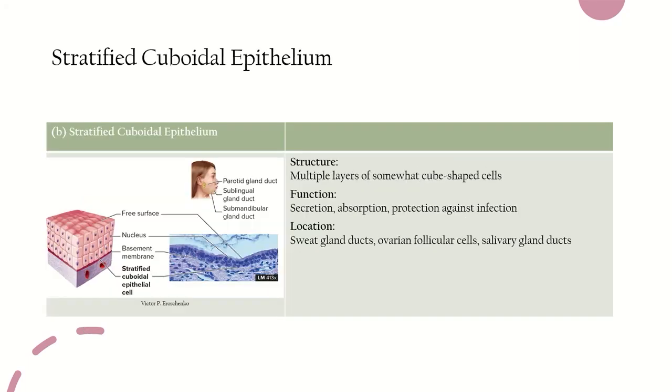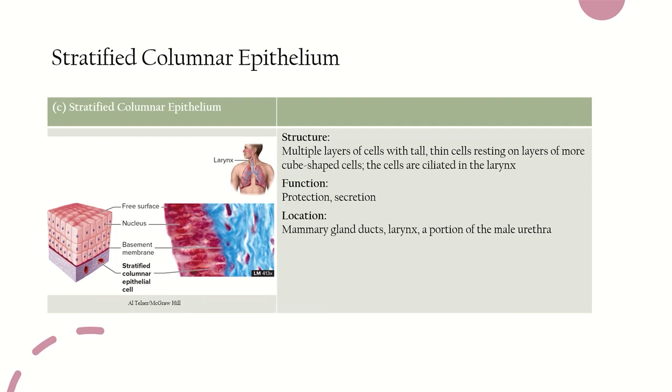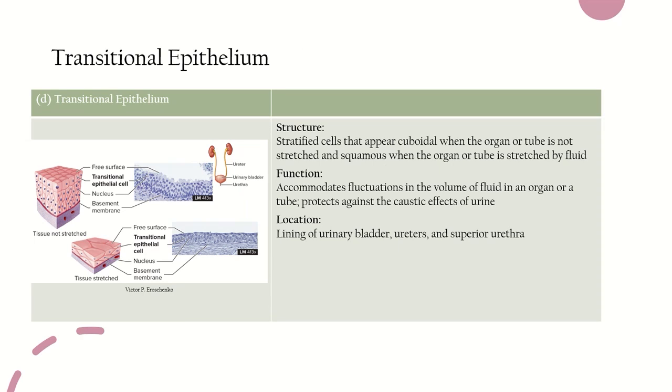Stratified cuboidal epithelium: multi-layered cuboid cells in sweat glands, ovarian follicular cells, salivary glands, that sort of thing. So secretion, absorption. You're starting to see a motif or repetition of function here. Stratified columnar: protection, as in mammary gland ducts and the male urethra. Transitional epithelial cells really help with volume control of organs or tubes, like your bladder, your uterus, your urethra, that sort of thing.